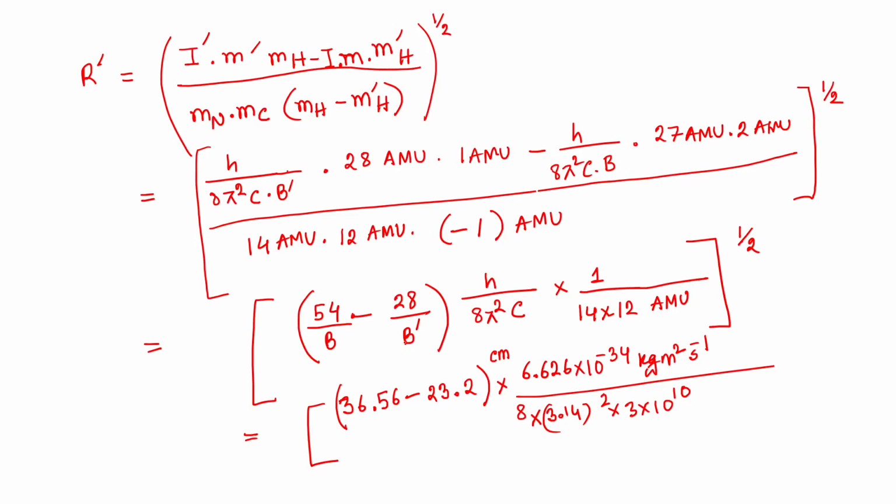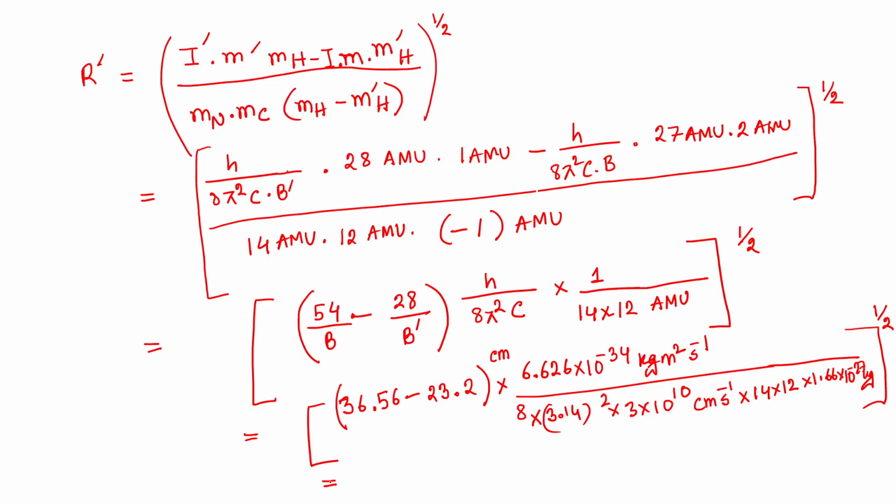Centimeter inverse in the denominator. So the unit coming from here is centimeter. The speed of light is 3 into 10 to the power 10 centimeter second inverse, multiplied by this 14 into 12, and that is in AMU, so maybe 1.66 into 10 to the power minus 27 kilograms, and then the root of this.